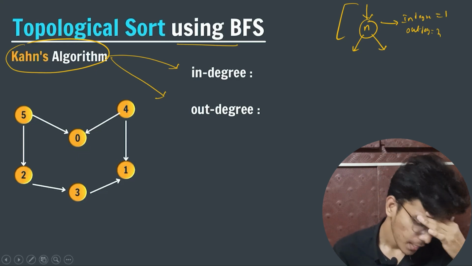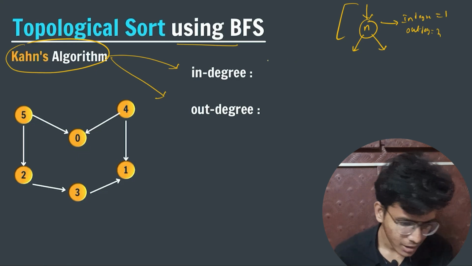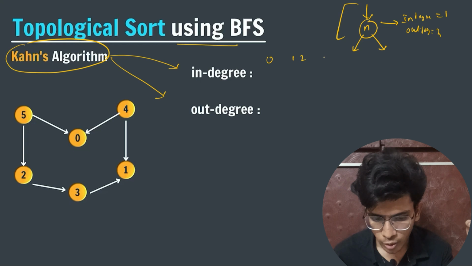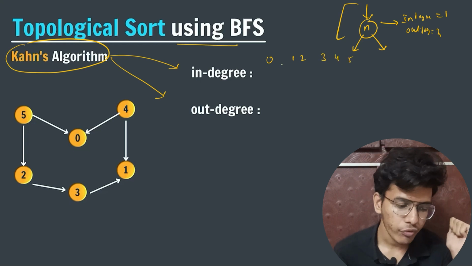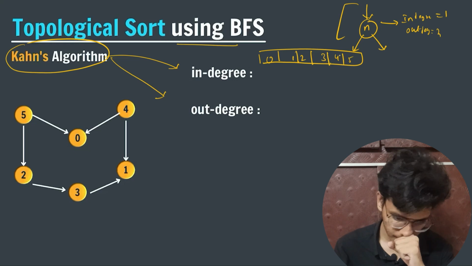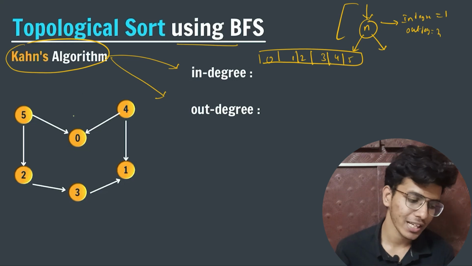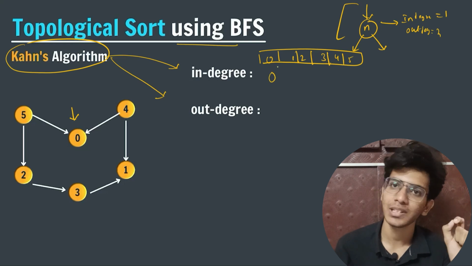For example, if I take an example of this, let me write here 0, 1, 2, 3, 4, 5. These are the nodes we are having, right? Okay, so for 0 you can observe that there is no in degree, so the in degree of 0 will be 0.